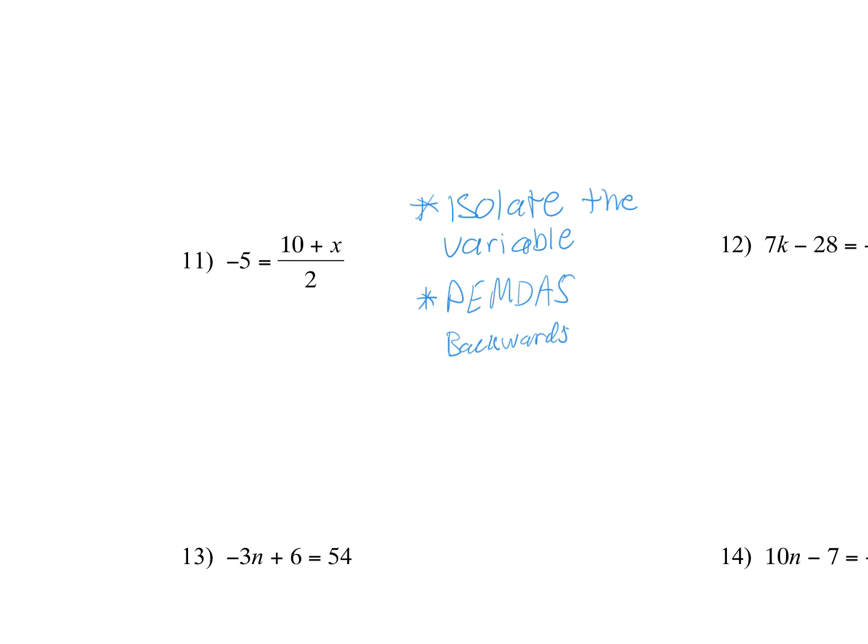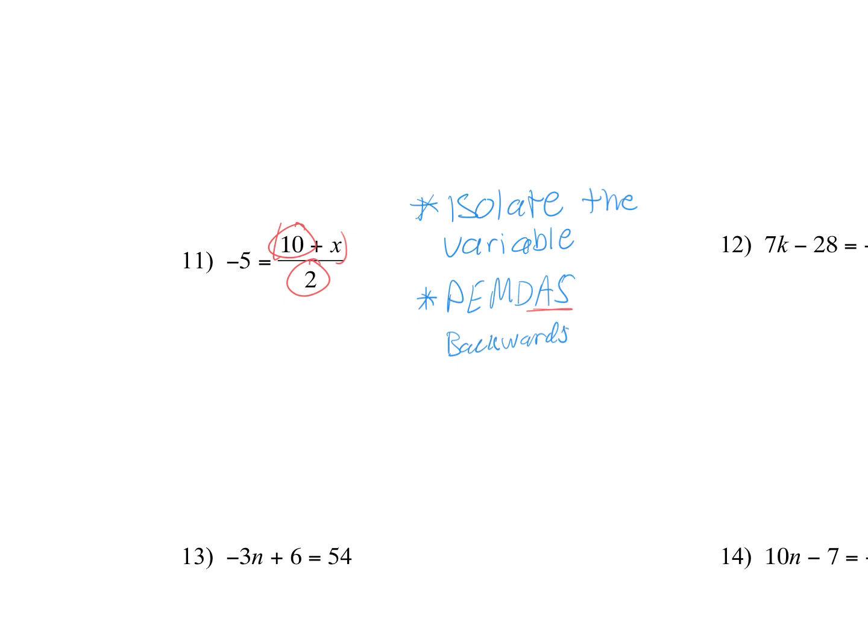Maybe you remember to do order of operations backwards and you want to do addition and subtraction, and so you maybe want to take care of this 10. But keep in mind, this 2 on the bottom is not dividing just the x, it's dividing the 10 plus the x. So it's dividing this entire statement right here.